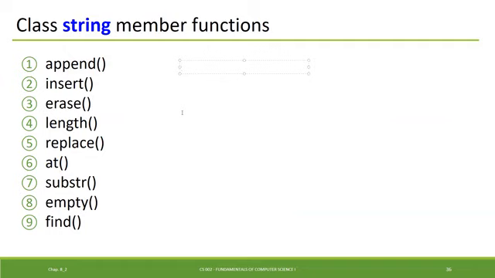Member function means that we make some strings. So for example, string S1 is hello, and string S2, maybe good, and S3, today. Any string is okay. So I have some strings.